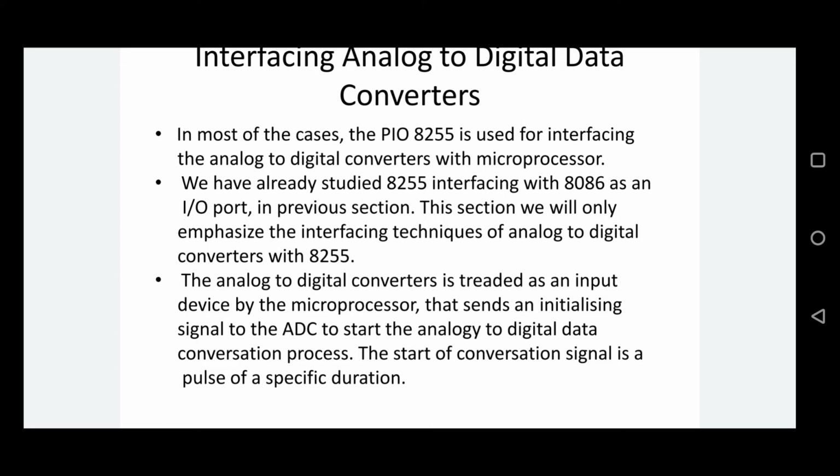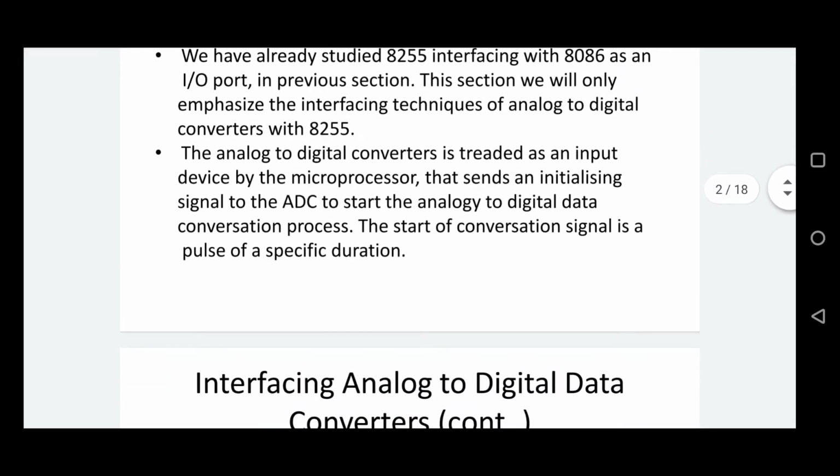After that, the ADC will send a signal to the microprocessor, called EOC, that is, end of conversion. And finally, the microprocessor will read the output digital data from the ADC. This is the overall mechanism of the analog to digital converter with the 8086 microprocessor.